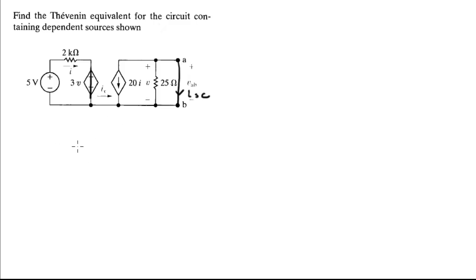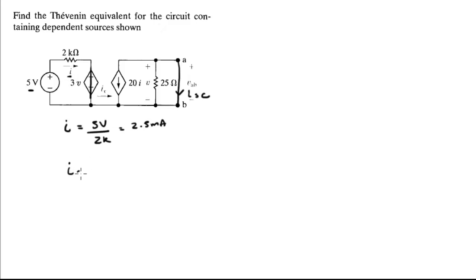And now we're gonna find the short circuit current to be able to find the Thevenin resistance. So I is equal to, you just gotta see what this current is. Of course, this I is gonna be 5 volts, because you got the source right here, over 2K according to Ohm's law. So this is going to be equal to 2.5 milliamps. This is this current going right here.